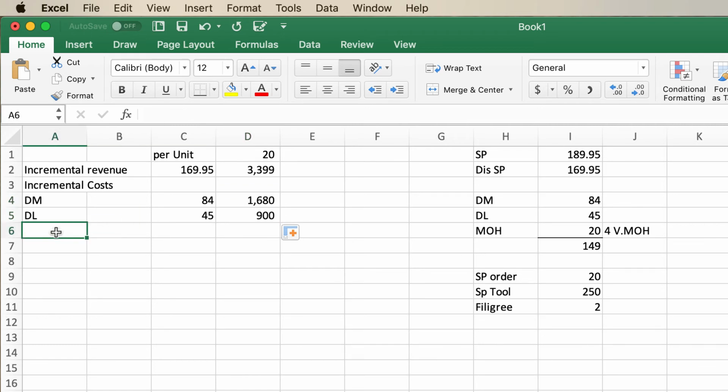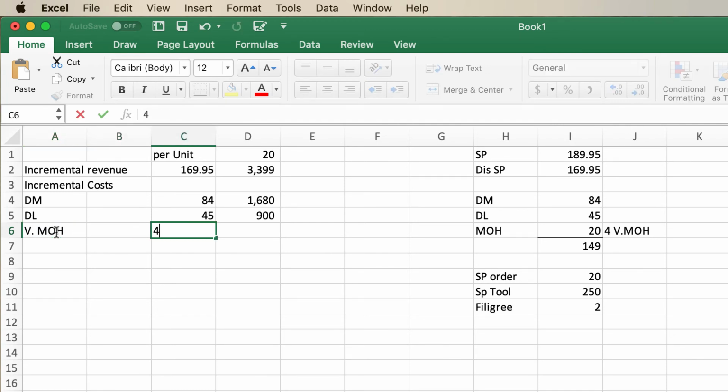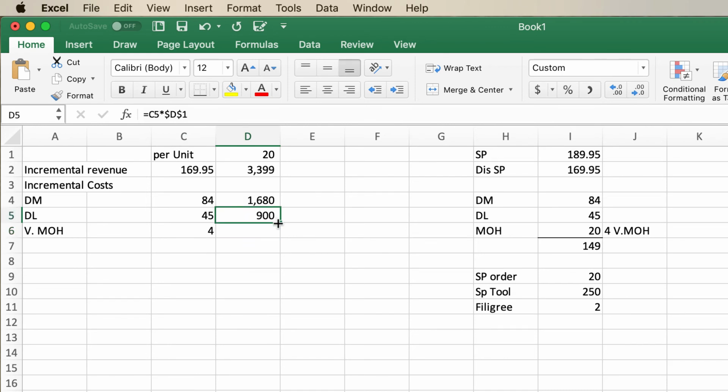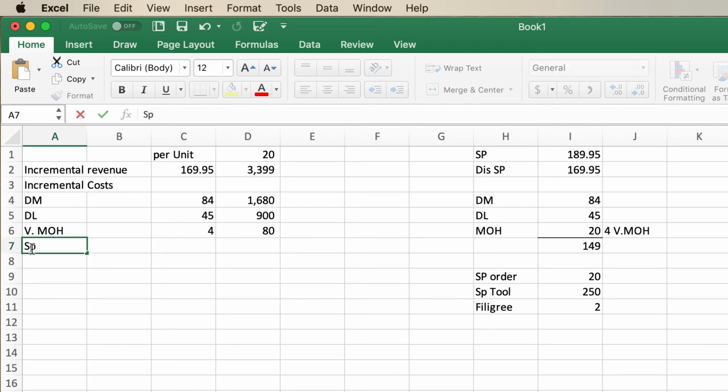Now we look at our manufacturing overhead. Now remember, in total we have $20 per unit of manufacturing overhead. However, $4 of that is considered variable, right? So the variable MOH is $4, and we see that in total, because of this special order, our variable MOH is going to go up to $80. And then we have this special filigree, right?